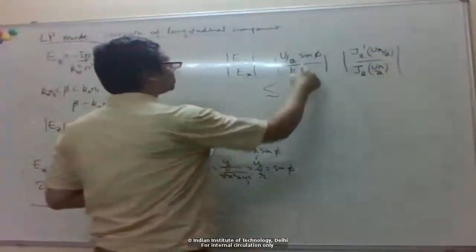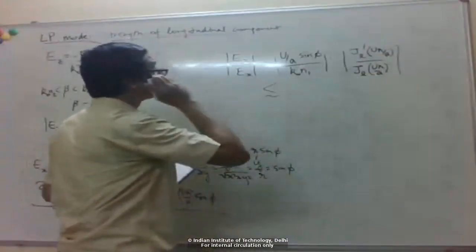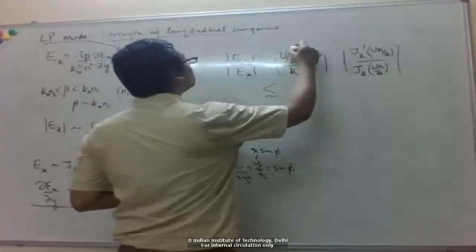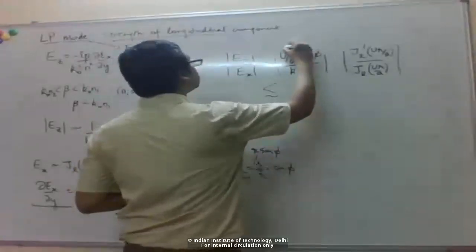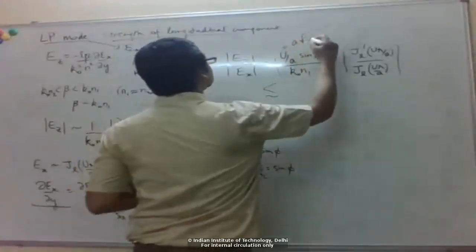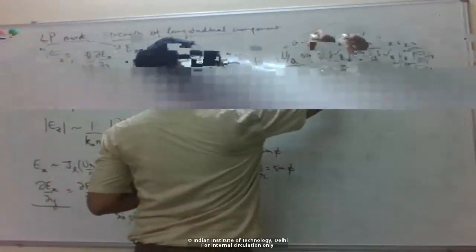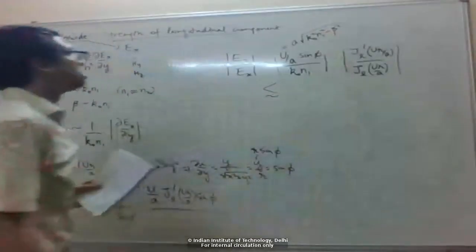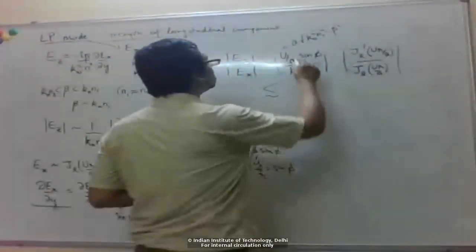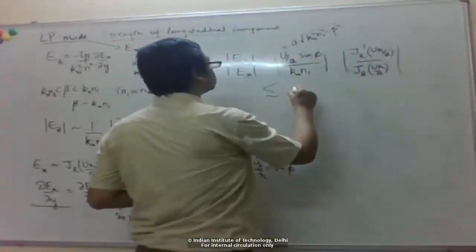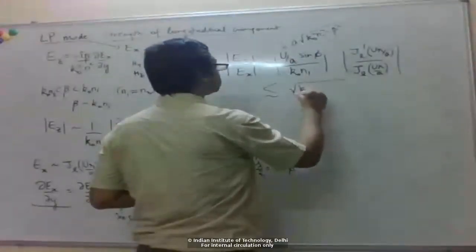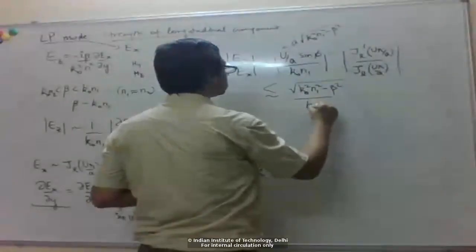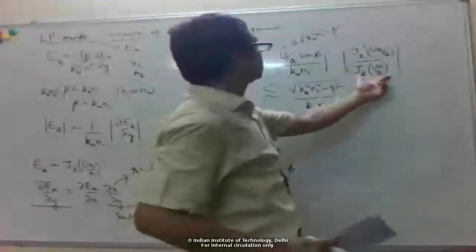Sine phi is always less than 1. And u by a, recall u was a times the square root of k0 squared n1 squared minus beta squared.